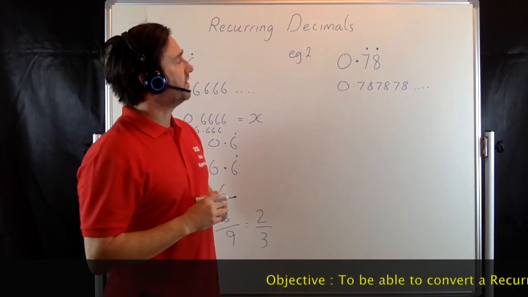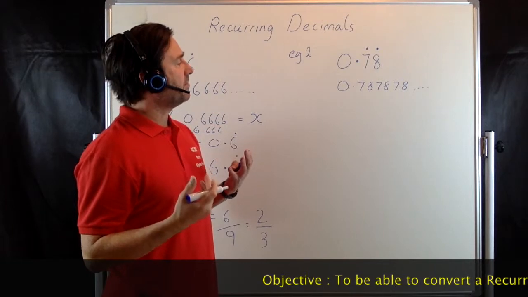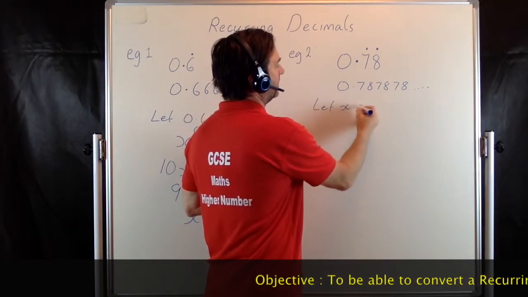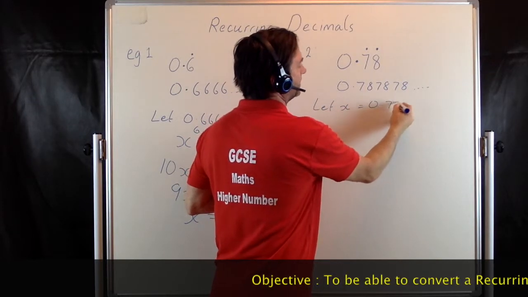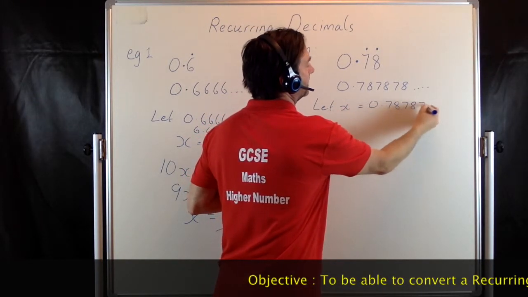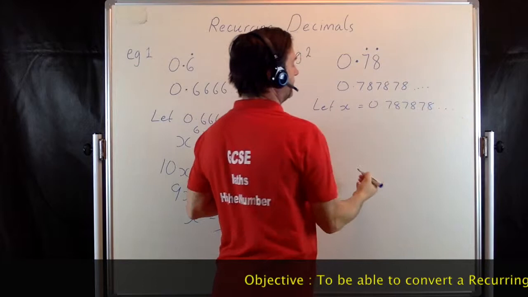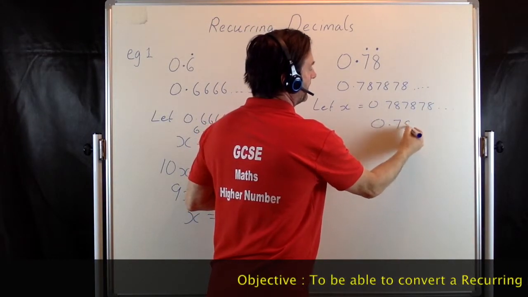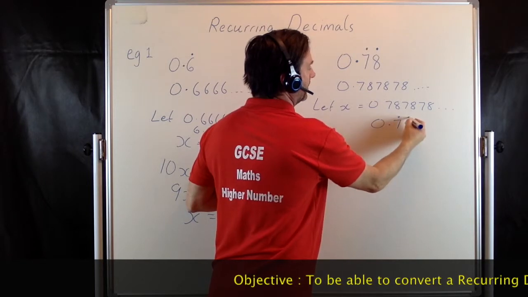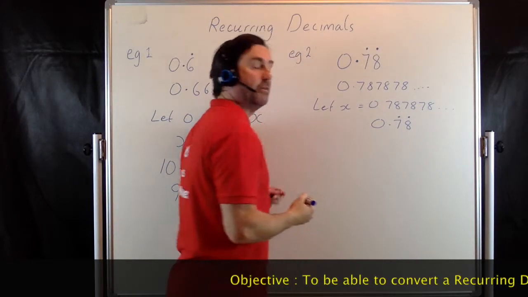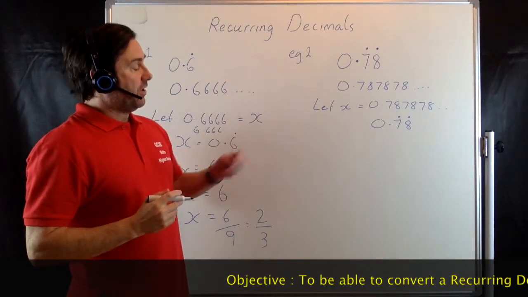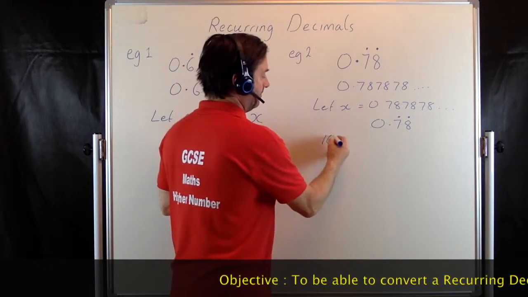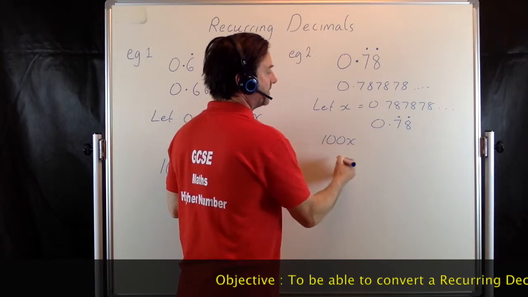So what we can see this time is if I let x equal 0.787878 continuing, or 0.78 with the recurring sign above it, then what I could do is multiply it this time by 100.